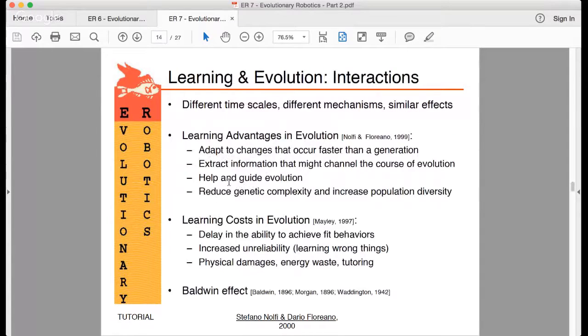So now we're going to talk about learning and evolution. Okay, cool. So how learning and evolution interact. There are different timescales, different mechanisms, and of course, similar effects.